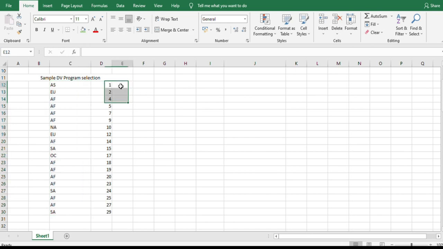So we have case number 1, case number 2, there is no case number 3, we have case number 4, there is 5, there is no case number 6, we have 7, we have no case number 8, we have 9, 10, there is no 11, we have 12, there is no 13, there is 14, 15, 16 is missing, 17, 18, and so on. So there are spaces remaining, there are holes remaining in there.